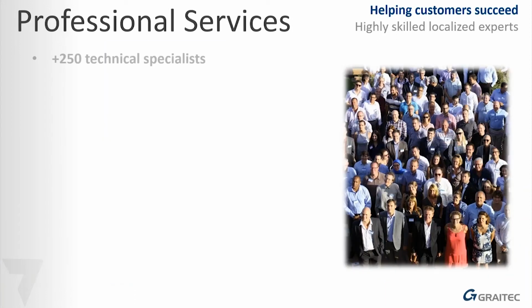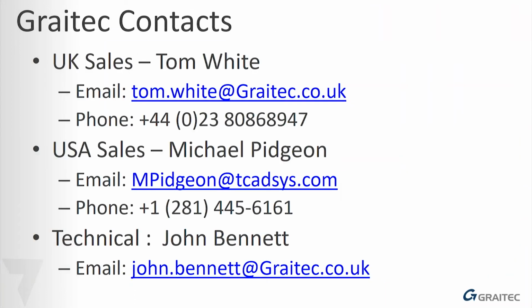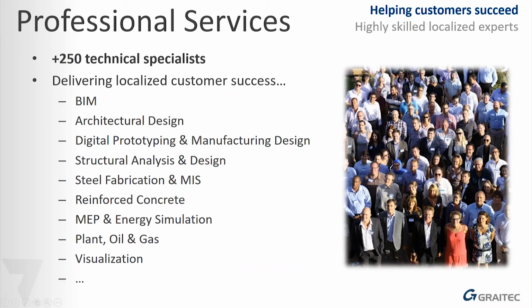And as I said, we have a number of people delivering services in the company across a broad spectrum of industry sectors. Today I expect most of it's either MEP or plant, oil and gas. I have also used plant inside the food processing industry as well.